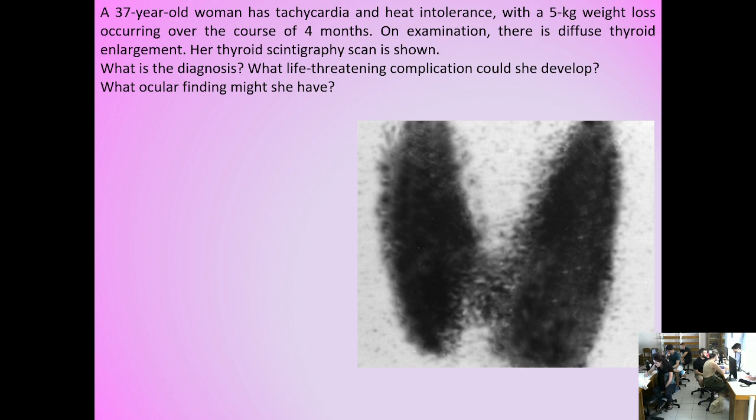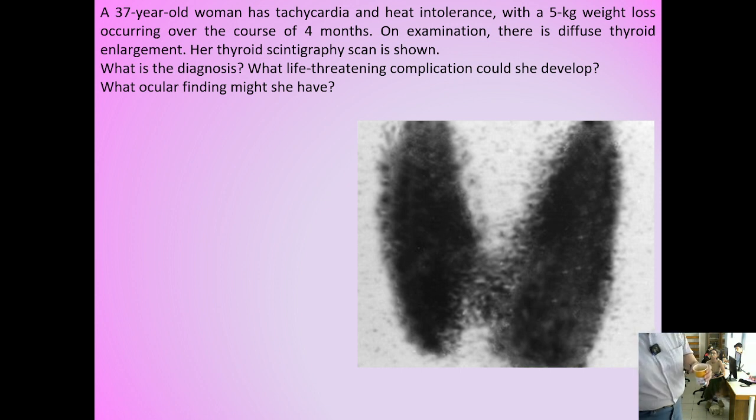There is not just an area hyperfunctioning. All the thyroid gland parenchyma works more, functions more. So what can this cause to the patient? Hyperthyroidism. So let's have a look. This is a 37-year-old woman with tachycardia and heat intolerance. These are signs of increased thyroid hormone circulation.